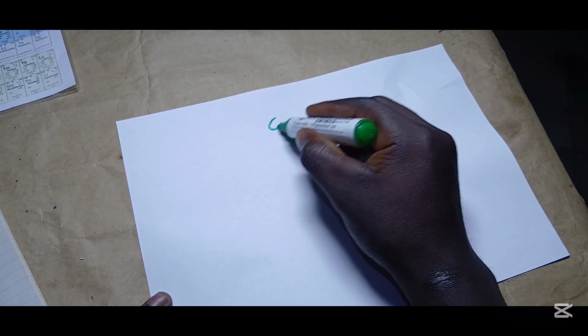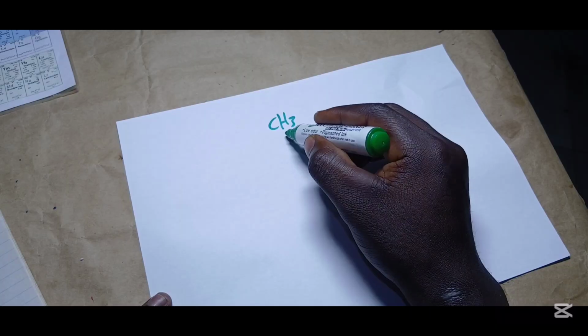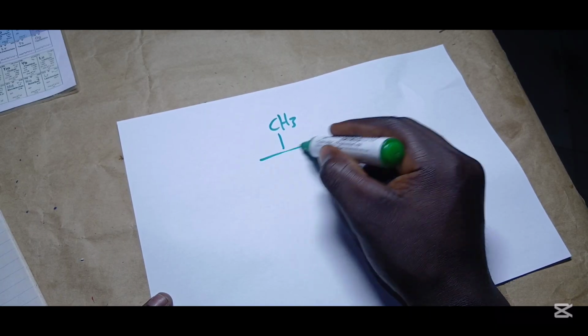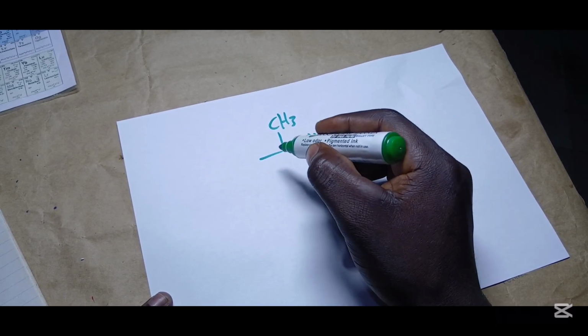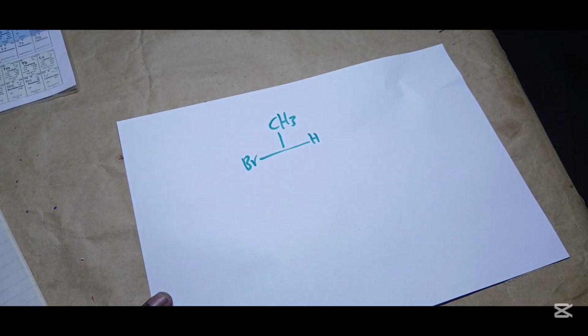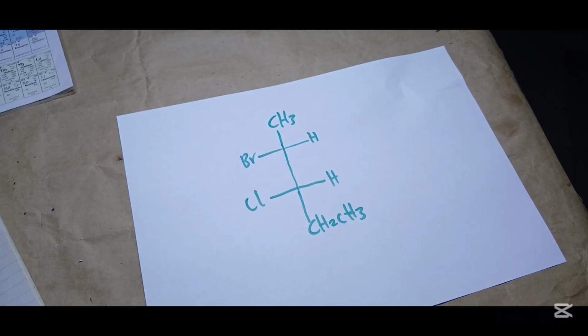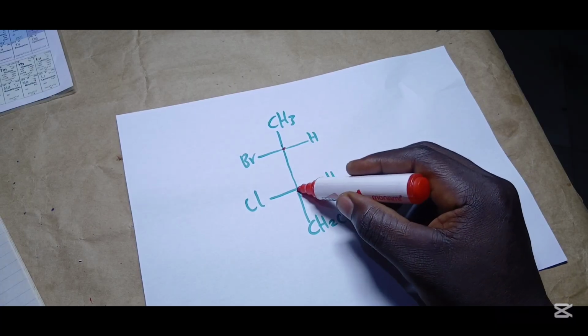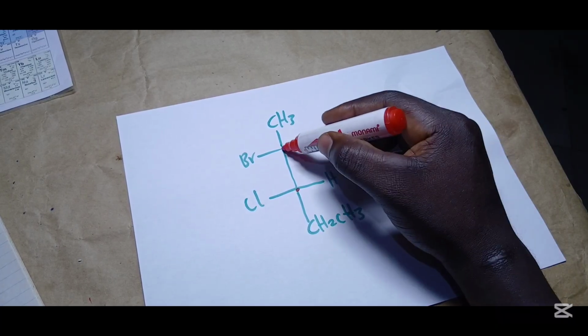Give the absolute configuration of this Fischer projection. So now, I think you could see three chiral centers, which is this and that. So now let's focus on this for now.